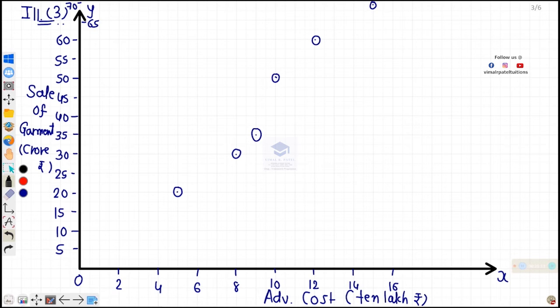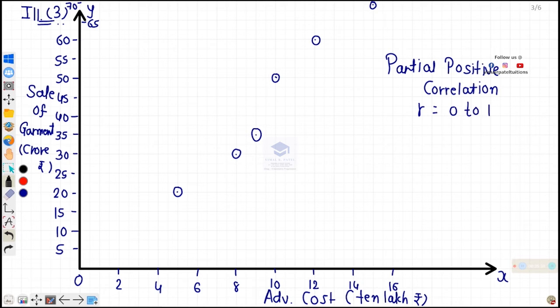So you can say this is the case of partial positive correlation, where value of R will be between 0 to 1.